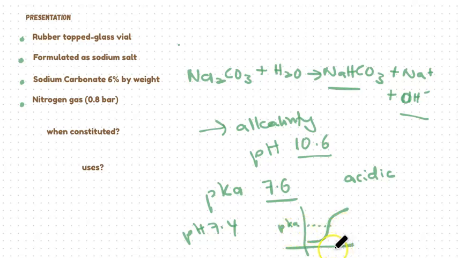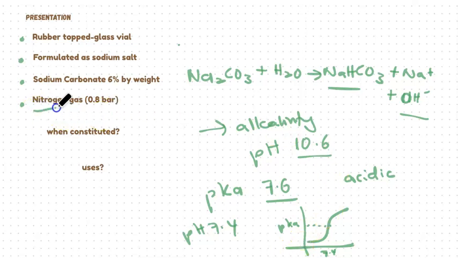When it gets more acidic towards this side, which is 7.4, it gets less ionized. From a pH of 10.6, when it's injected into the circulation, it goes this way towards the left, where the molecules are getting less ionized. When they are less ionized, they are more lipid soluble, able to penetrate the blood-brain barrier and exert their effect.